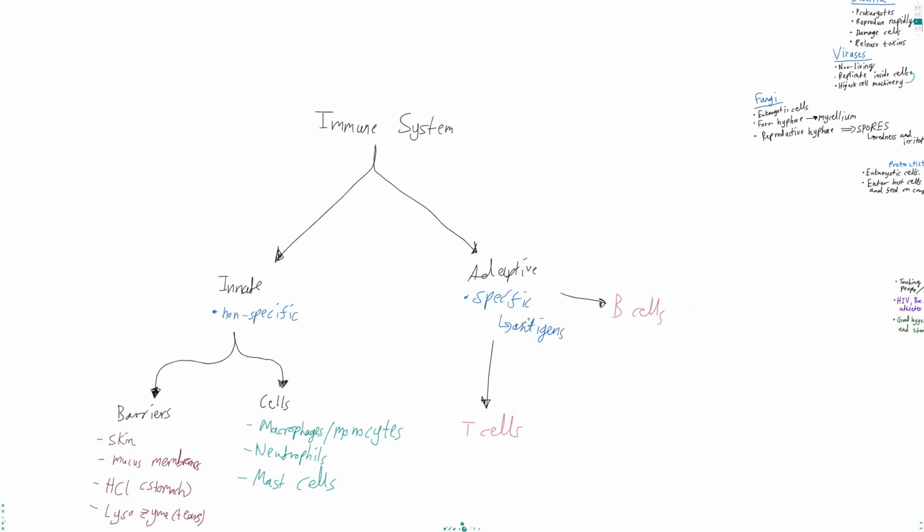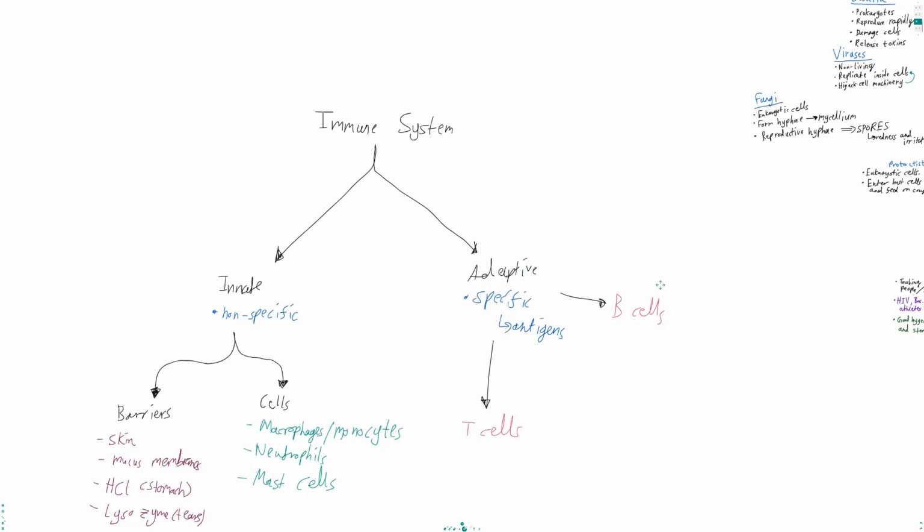For example, the flu virus has flu antigens. The coronavirus that causes COVID-19 has certain antigens unique to COVID-19. Mycobacterium tuberculosis has antigens specific to that bacteria which causes tuberculosis. And the adaptive immune system targets those antigens.